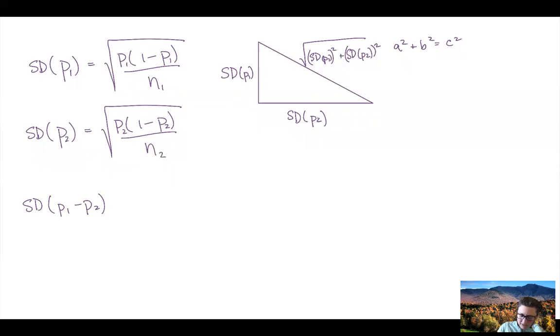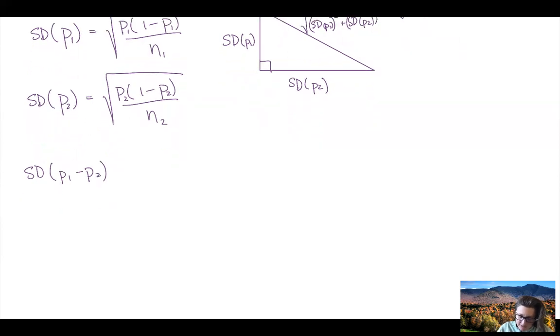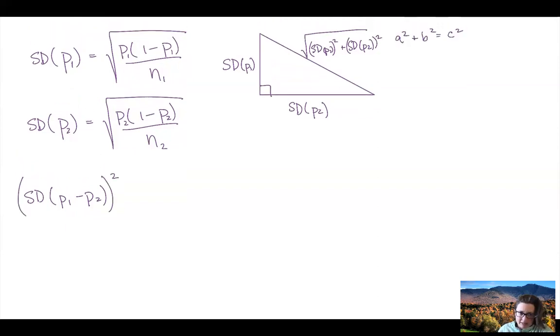All right, so we know the standard deviation of P1 is right here, standard deviation of P2 is right here, and we know from this equation up here that we've got to square the standard deviation of P1 and P2, add them together and take the square root. So first, I could start and say, okay, a squared plus b squared equals c squared. This guy right here is kind of like my c squared.